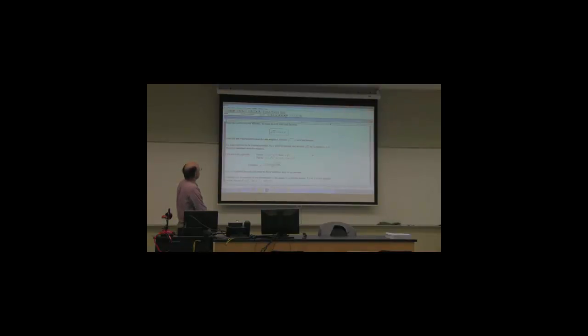Actually, I think I may have misstated that. The square root of u must be a rational number, because the square root of u equals this expression, which is rational. What I should have said is u must be a square. All right, so we'll fix that afterwards.